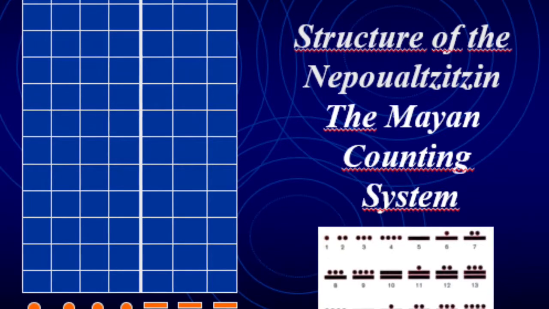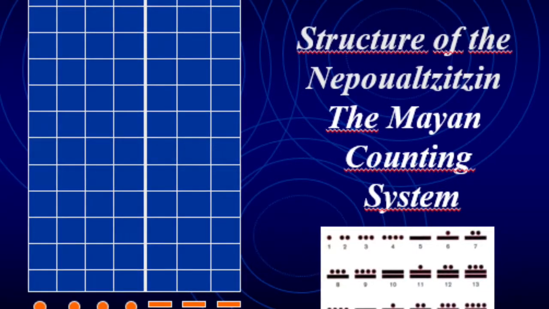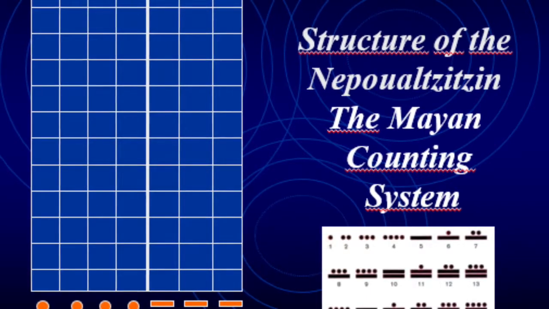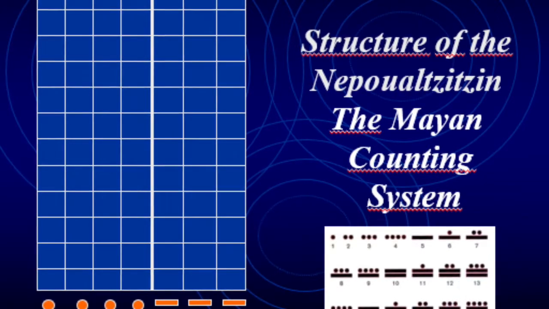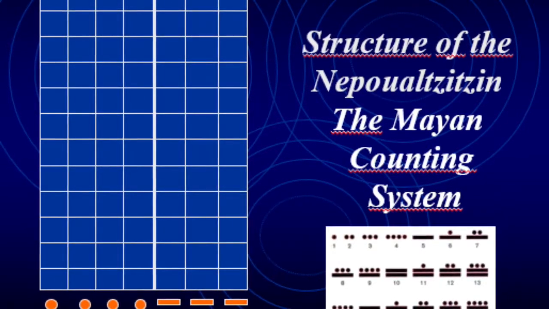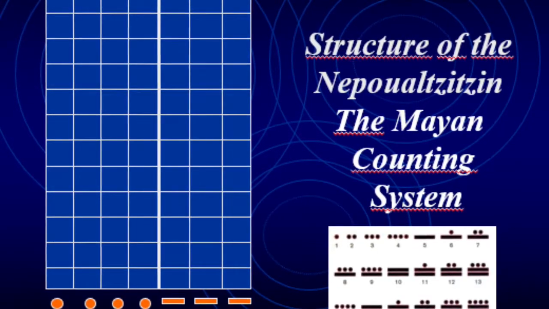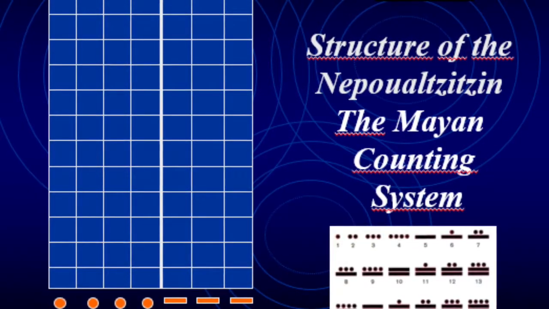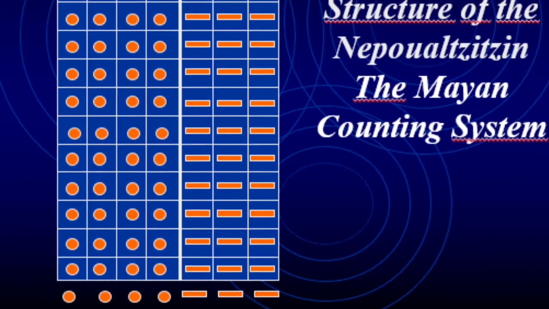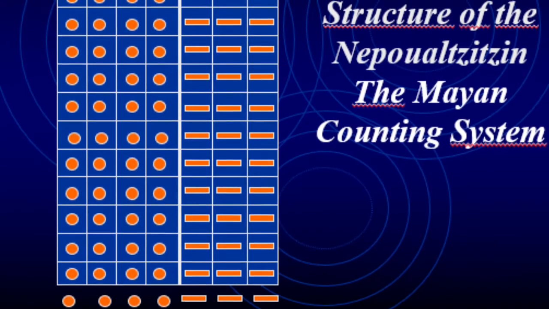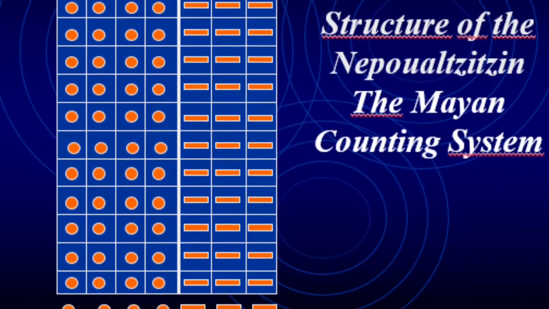So the left side of the abacus will be representing dots, each one with a value of 1, and the right side of the Nepoualtzitzin will be using bars that are equivalent to 5. So in the next slide, you will see how it will be represented. Dots to the left, bars to the right.